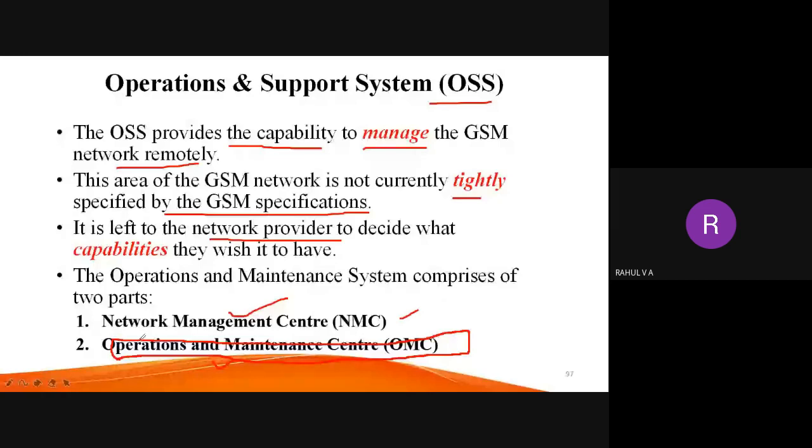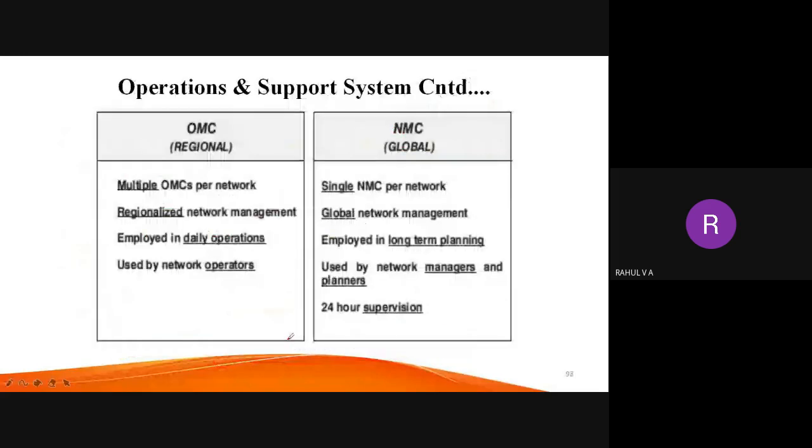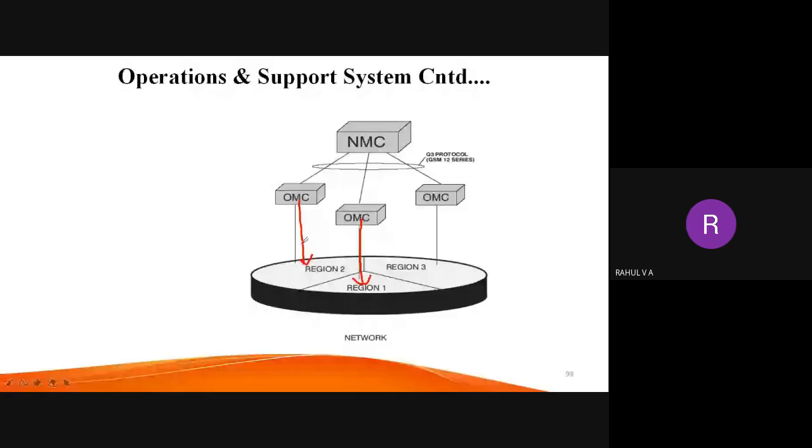For every region, maybe South India, Kerala or Tamil Nadu, there will be an OMC.